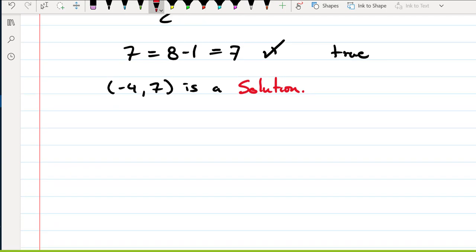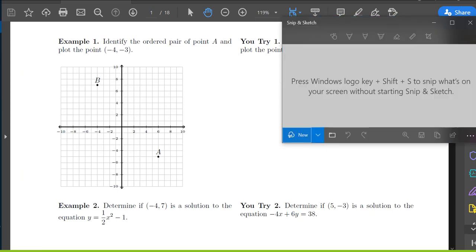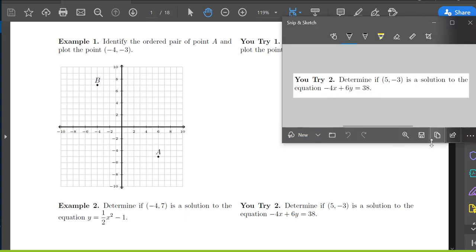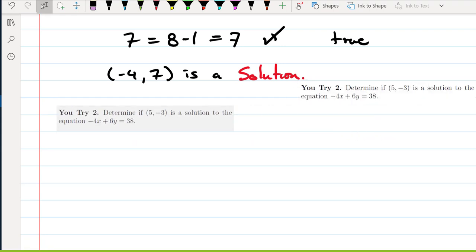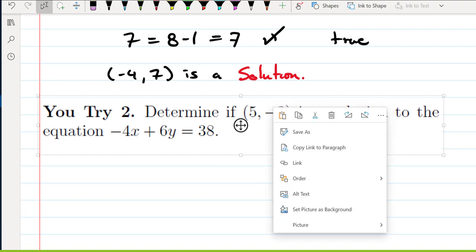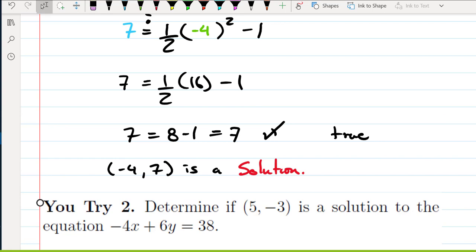All right, it's now your turn. Let's go ahead and determine if 5, -3 is a solution to the equation -4x plus 6y is equal to 38.